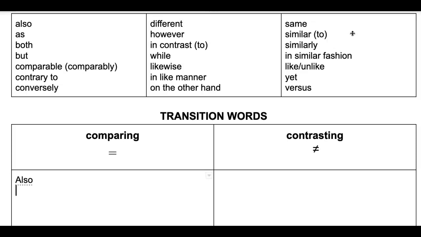All right. Now, once you have done that, you might want to do some sort of check up here showing that you have completed that one. Then you're going to do as, both, but, all of these, and they're going to go on one or the other.